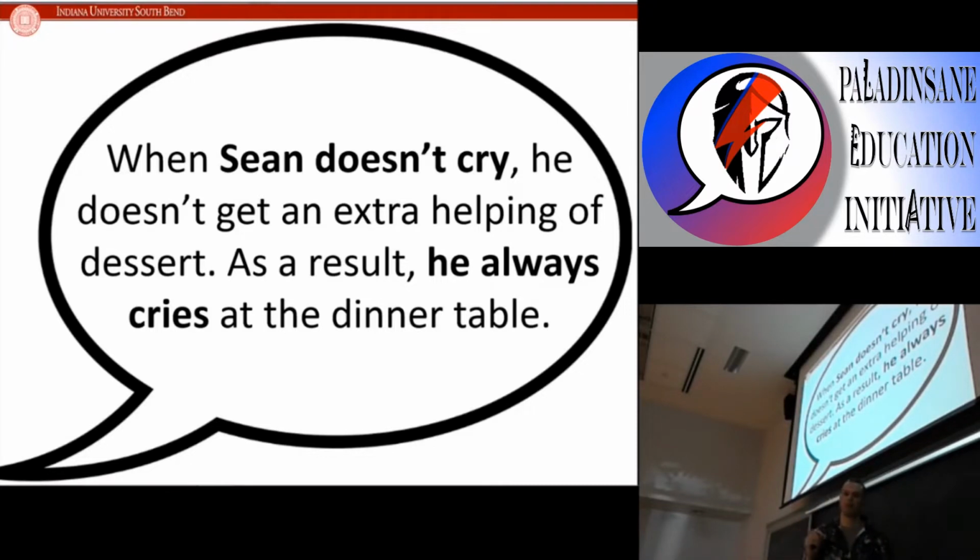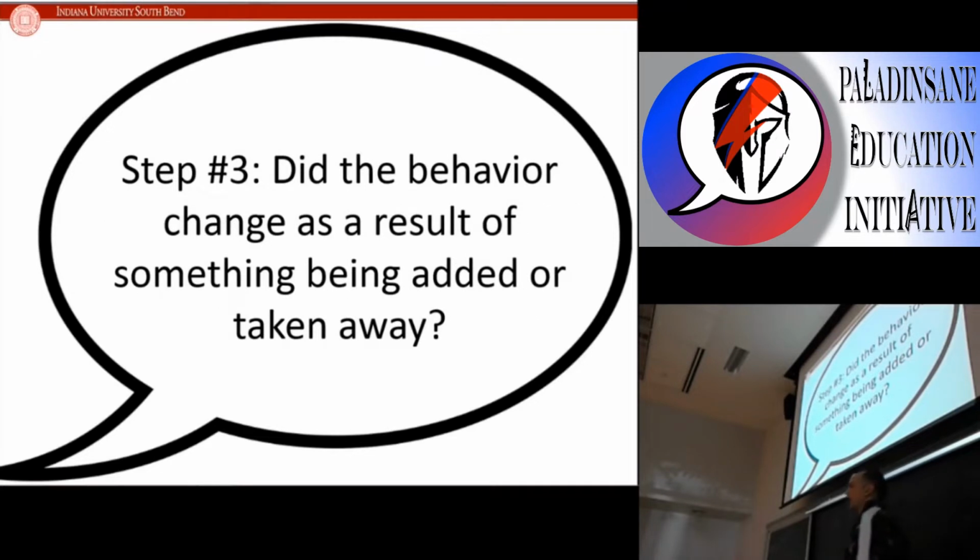it negative reinforcement? So we have to ask ourselves, did this crying behavior that has increased change as a result of something being added, or was something taken away? So was something given to Sean, and as a result his crying increased, or was something taken away from Sean, and as a result his crying increased?